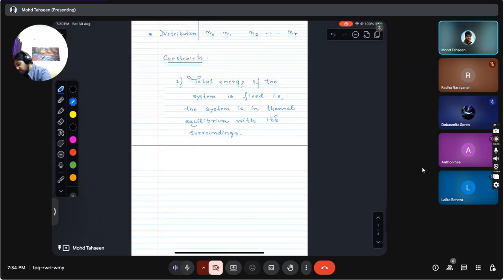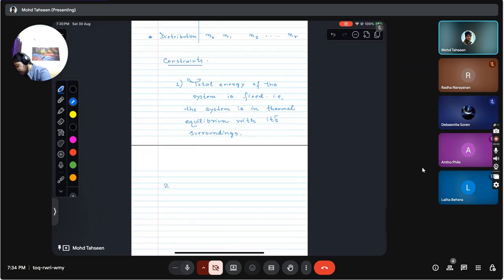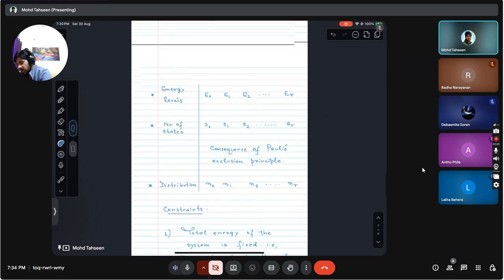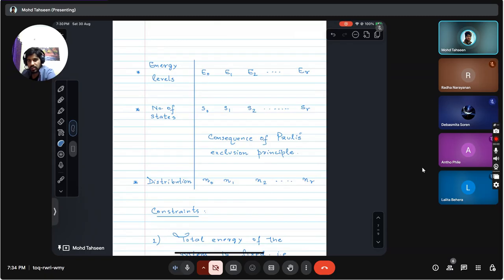Okay, so what's the second constraint? Let me say that first: why are we doing this? What's our quantity of interest? We want to figure out what is the distribution, the most probable distribution, which gives us the equilibrium state of the system.